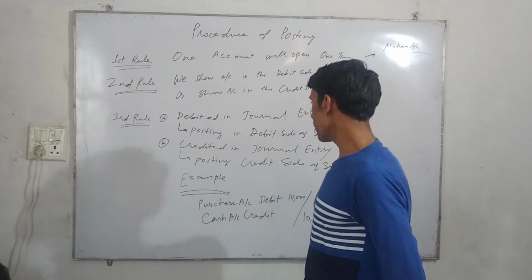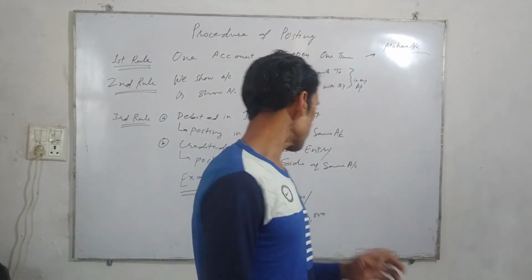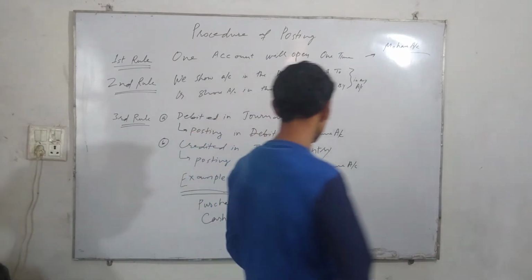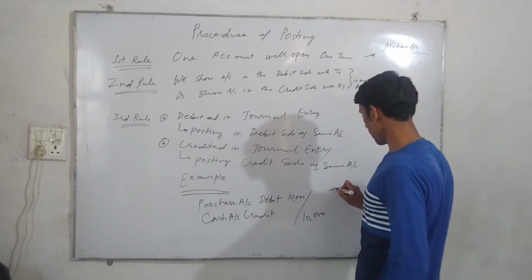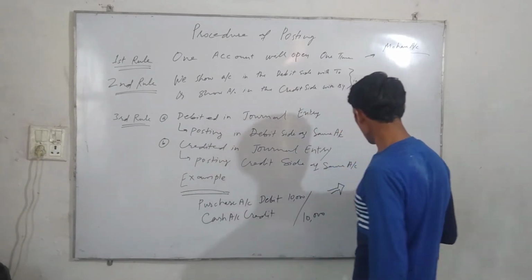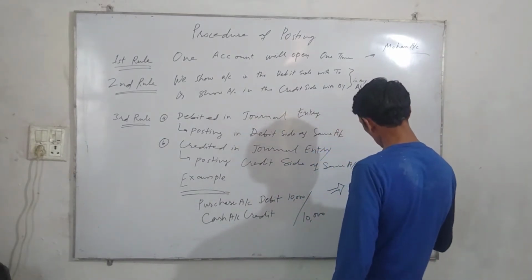For example, we have bought the goods with cash 10,000: purchase account debit, cash account credit. We have to post this in a simple way. We are posting. This is a ledger. We open purchase account.